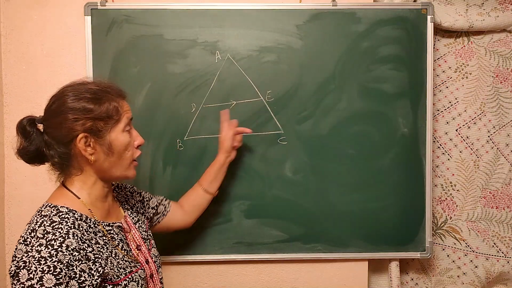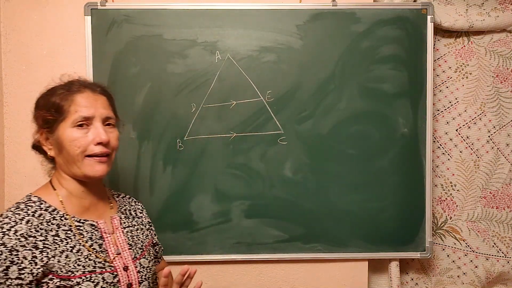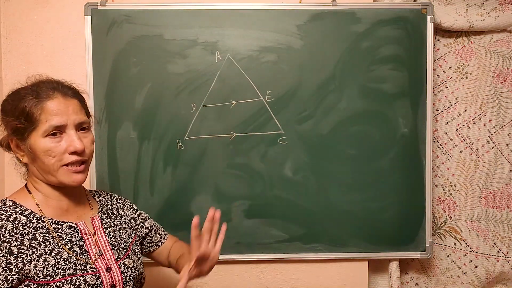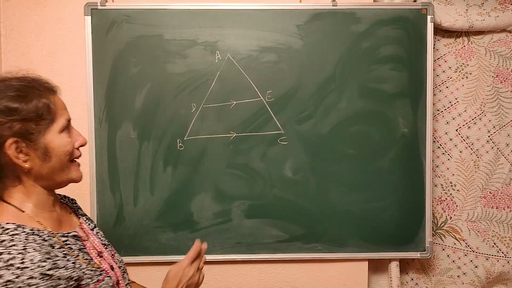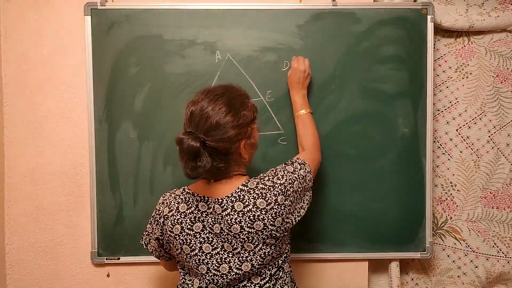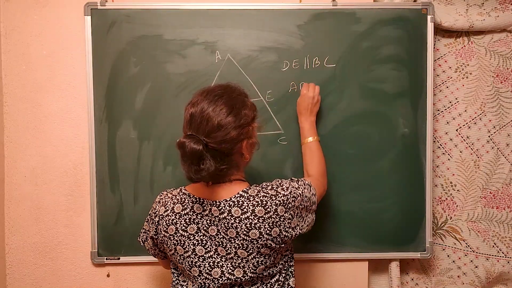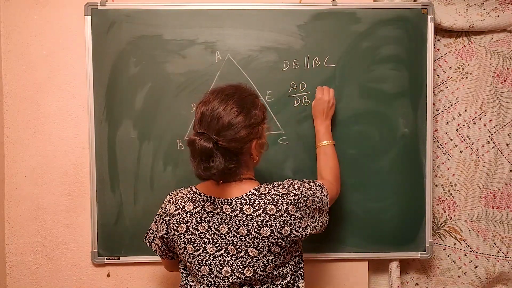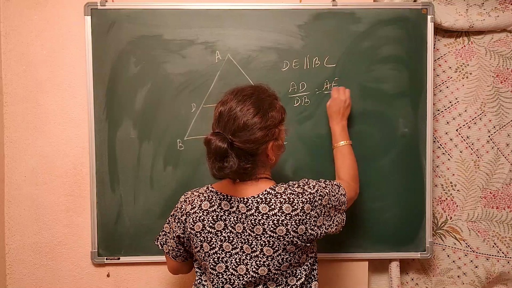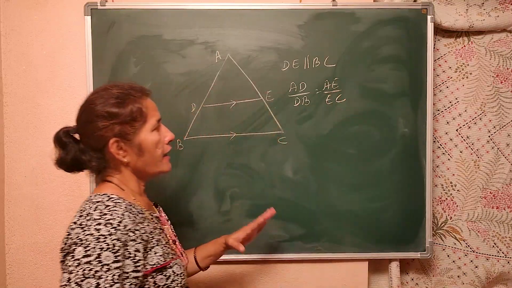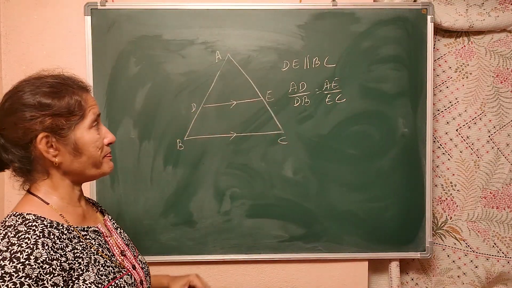If a straight line is drawn parallel to a side of a triangle, it divides the other two sides proportionally. That is, when DE is parallel to BC, AD by DB is equal to AE by EC. That is what I have to prove for a 4 marks question.